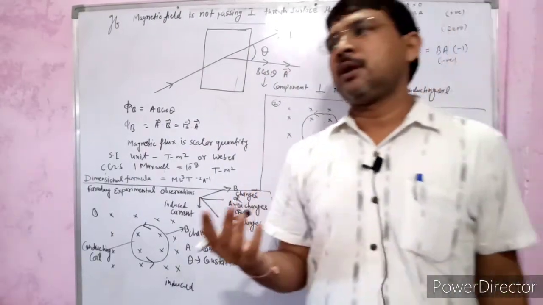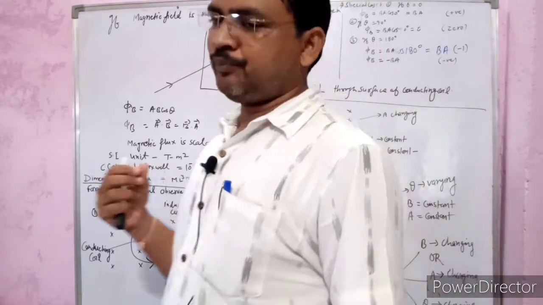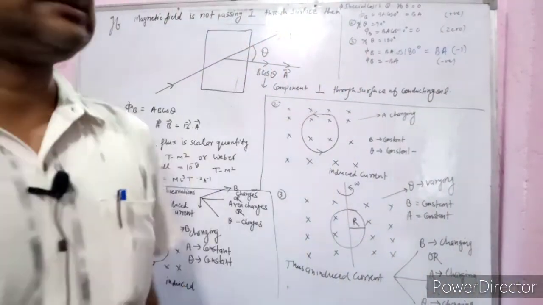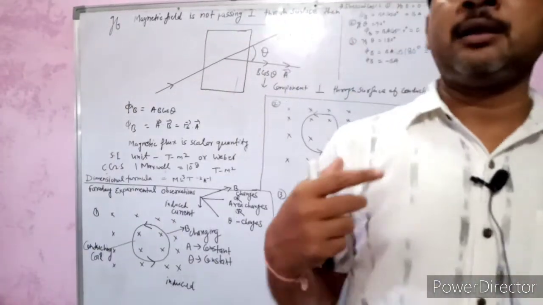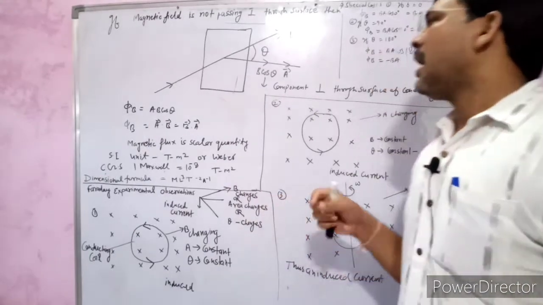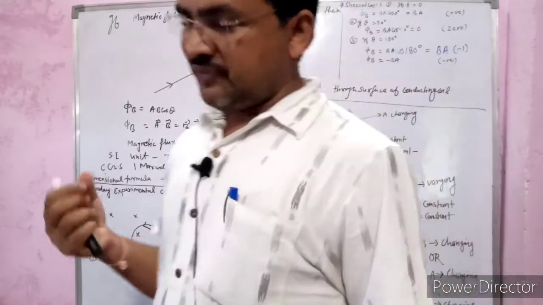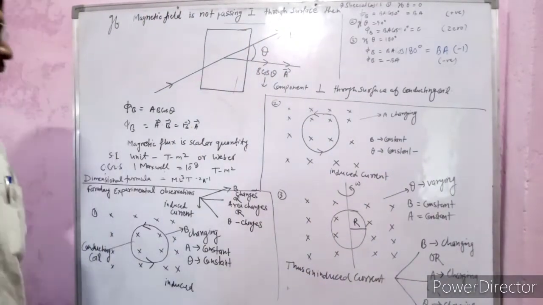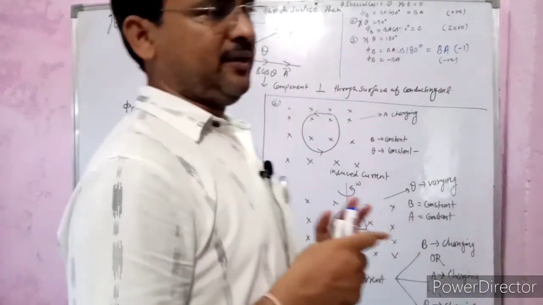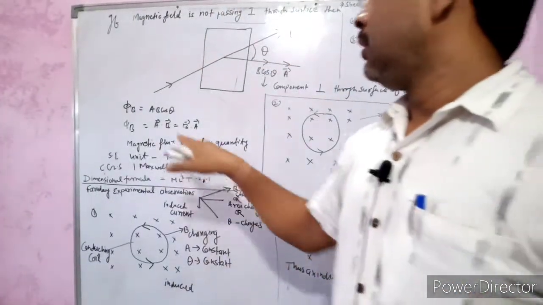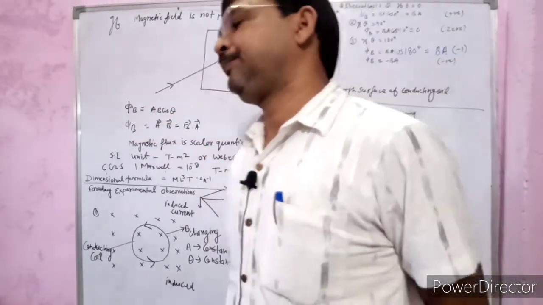Now we will learn the phenomenon of electromagnetic induction. It tells us how to induce current or EMF. Basically, if we look at the formula of magnetic flux, phi B is equal to AB cos theta.